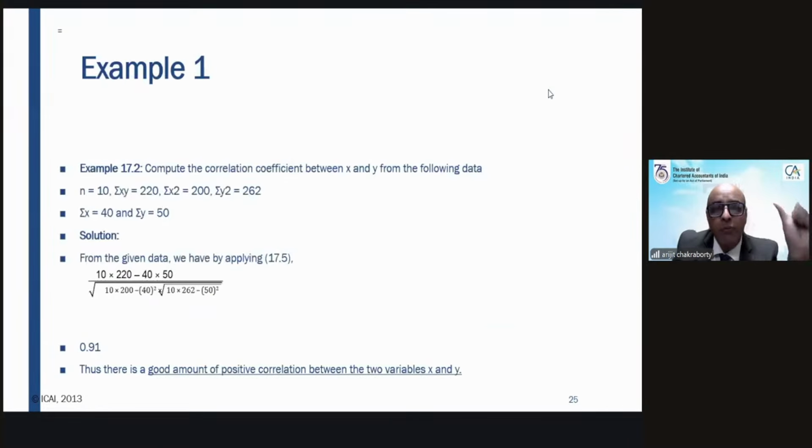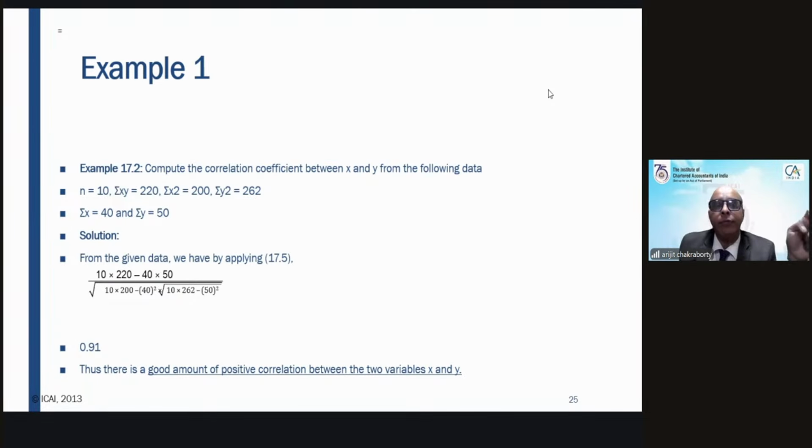Okay. Now we come to the practical examples. First example, compute the correlation. एकदम exam में जिस तरह का question आ सकता है, या फिर if you see the last few years question paper हम लोग देखेंगे. So यहाँ पे n is given, यानी 10, sigma xy 220 दिया हुआ है. ये example 1 है study material का. सिग्मा एक्स स्क्वायर 200 है, सिग्मा वाई स्क्वायर 262, sigma x is 40, sigma y is 50.